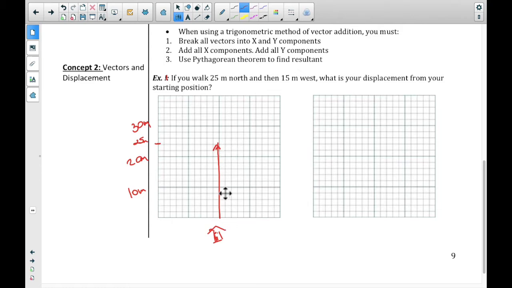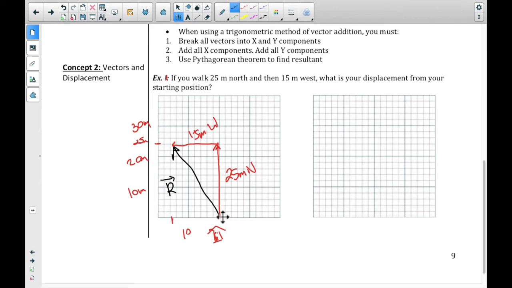By using the same idea, this will be 10 more meters, and then we go over to 15 meters. So we go 25 meters north, we go 15 meters west. The question is, what is your displacement from your starting position? Well, for displacement, we're going to have a resultant vector. Okay, not the most beautiful, but there's my resultant vector.